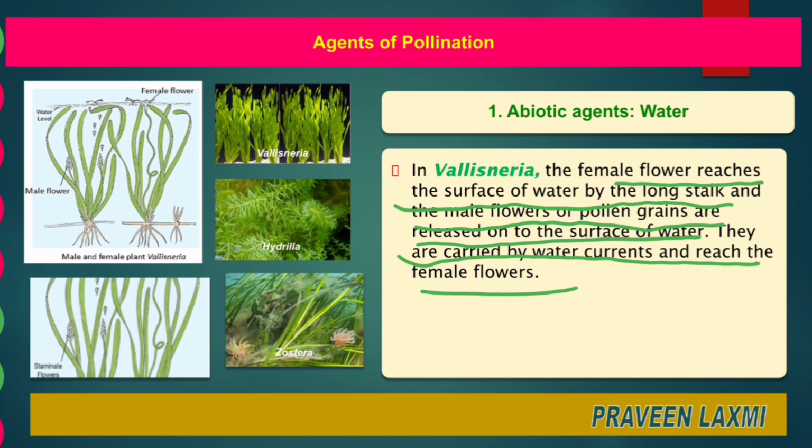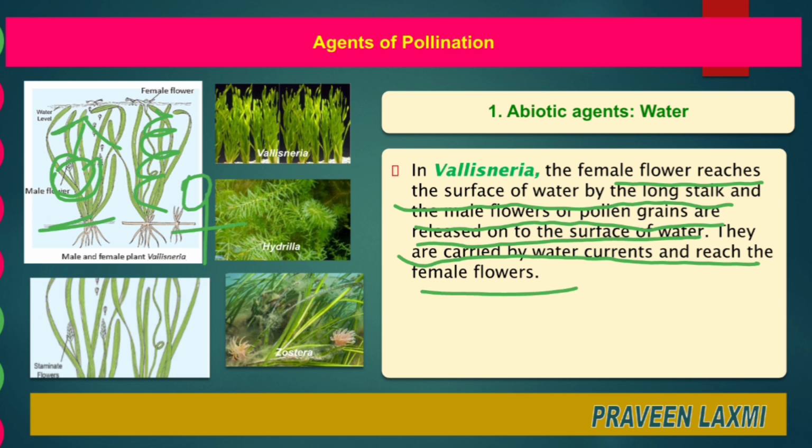In this picture, you can see the flower present under the water is the male flower, and you can see a long stalk. It is nothing but the female flower. So this one is the male flower and this one is the female flower.